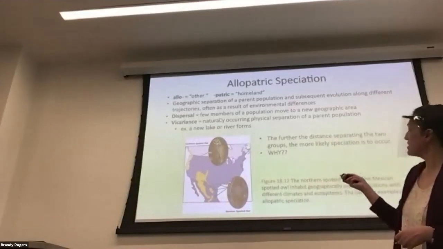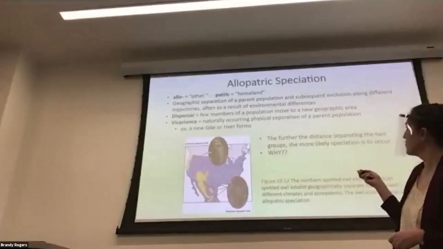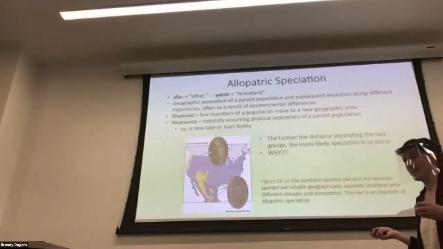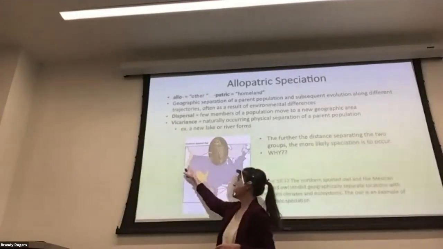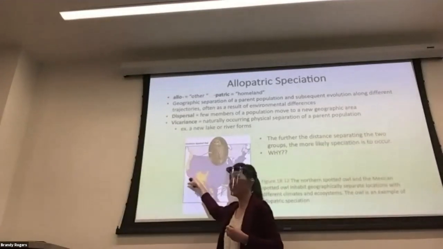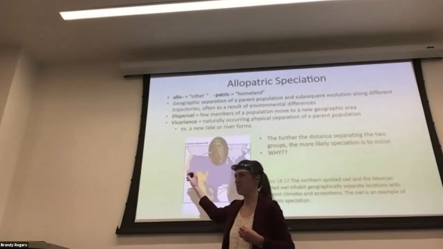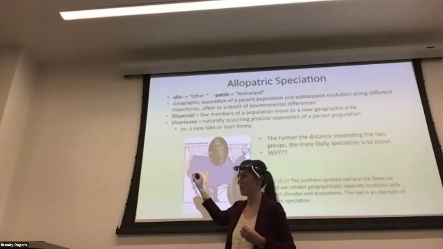Vicariance is a separation by a naturally occurring physical or geological formation. So you could also make the case that if this spotted owl population existed before the Sierra Nevadas, maybe that's what separated them. Do you guys see the difference between the two, dispersal versus vicariance?